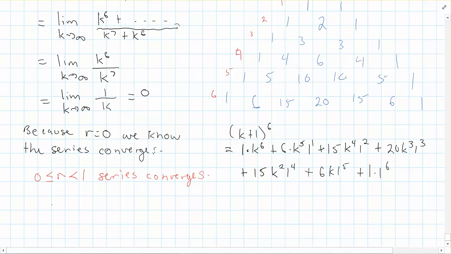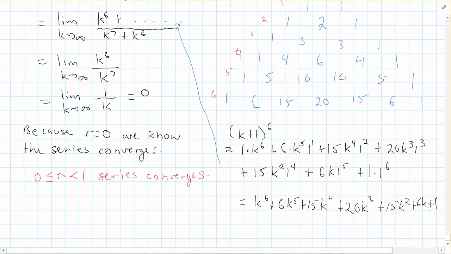So you would actually end up getting k^6 plus 6k^5 plus 15k^4 plus 20k^3 plus 15k^2 plus 6k plus 1, which you can see again has the highest degree term, which I wrote up here, of just k^6.